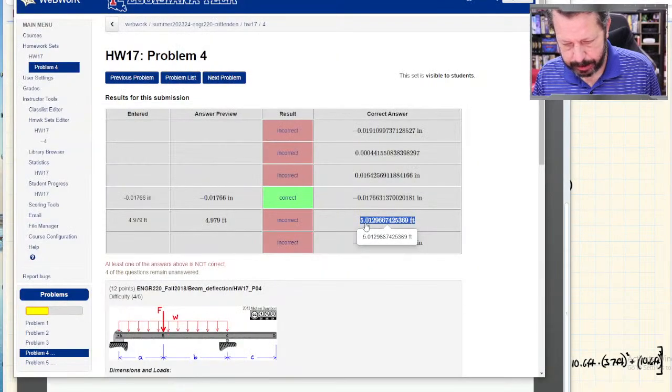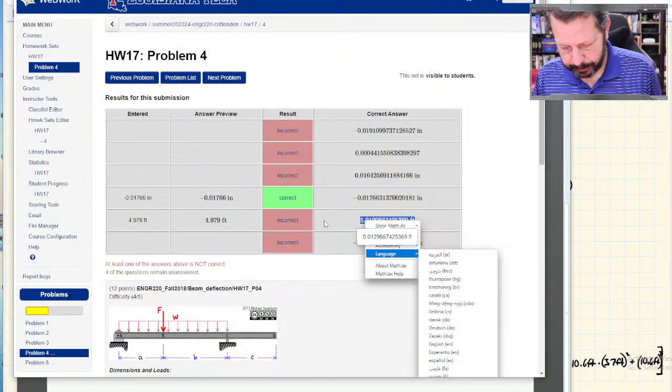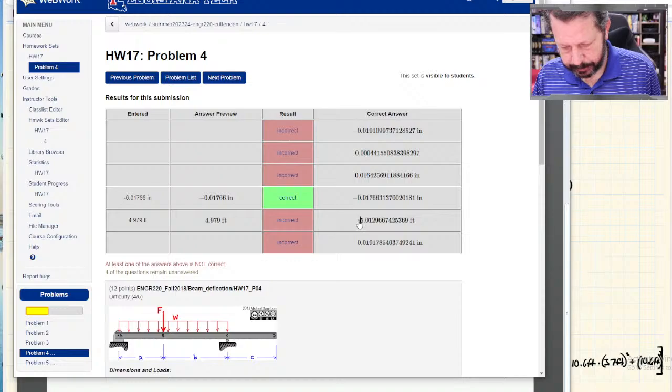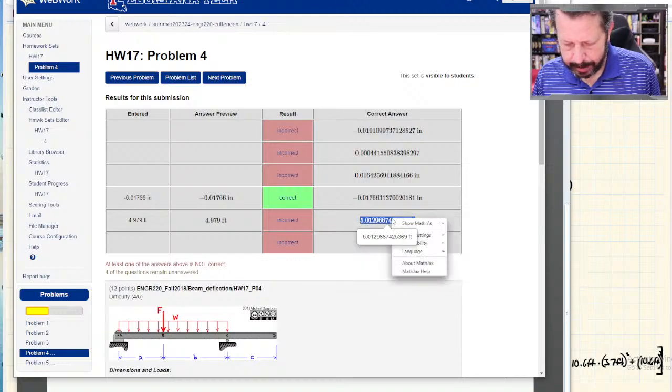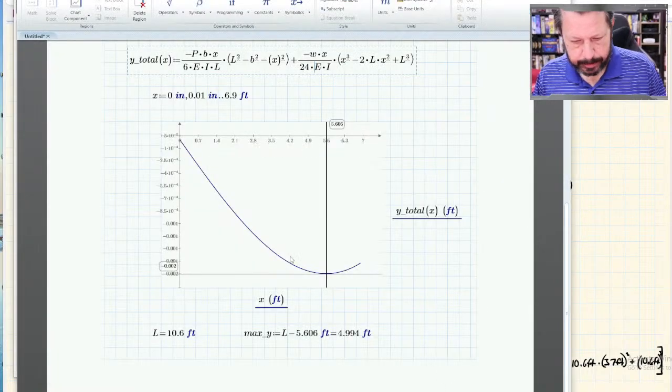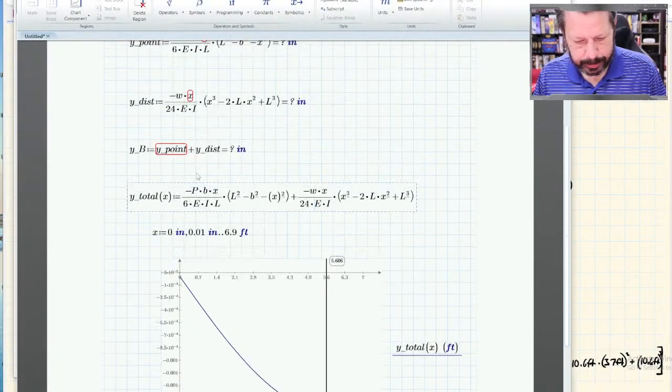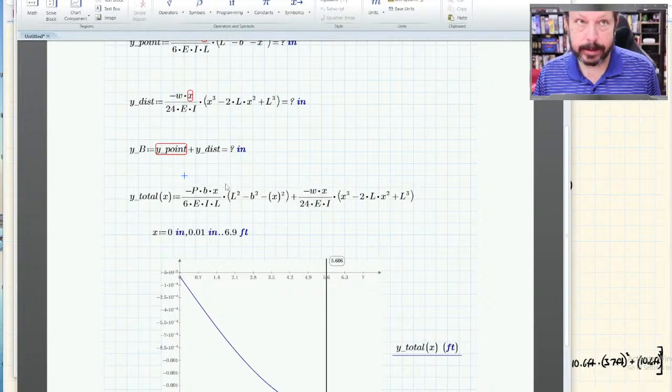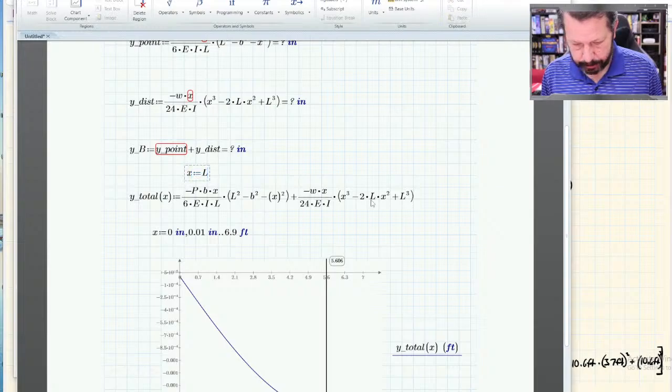Oh, come back. Get off of there. Can I? Feet. Can't copy that. Wow. And put that number in for x. Well, let's say yes, but x equals L minus that number.